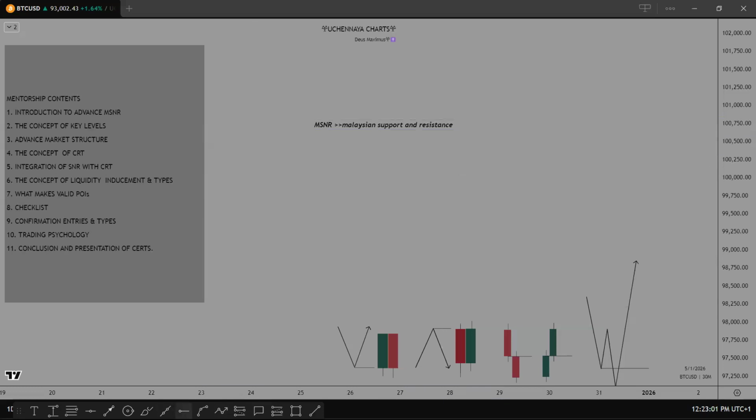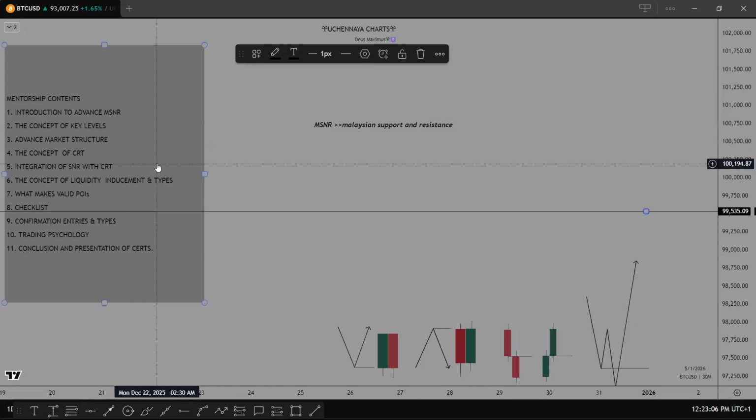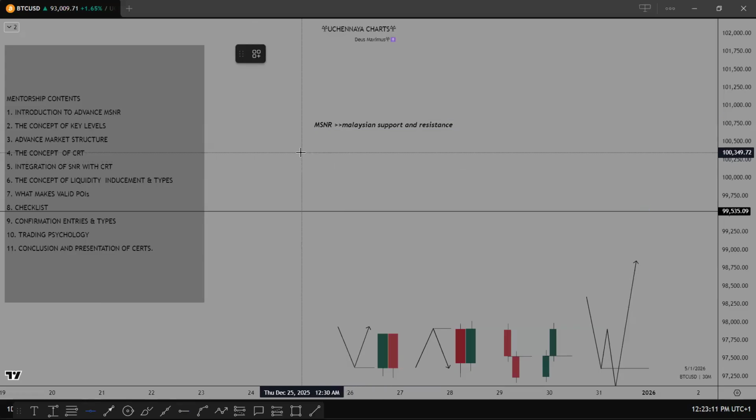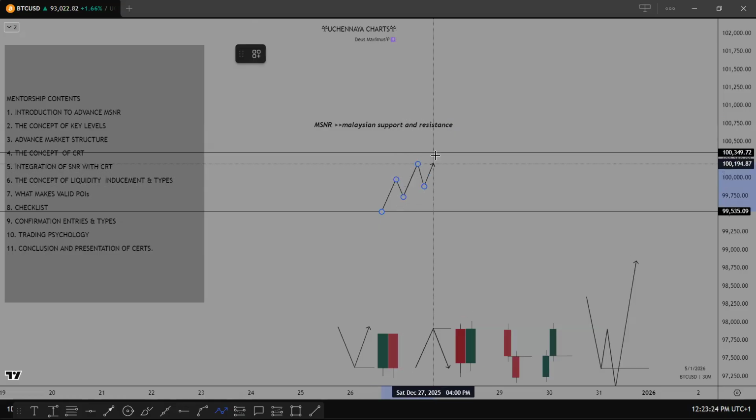MSNR is just the support and resistance. It's just the movement of price between two levels, between a support and a resistance. It's basically the movement of price from here to here, and from here to here, if it's for a reversal, or from here to another level above.